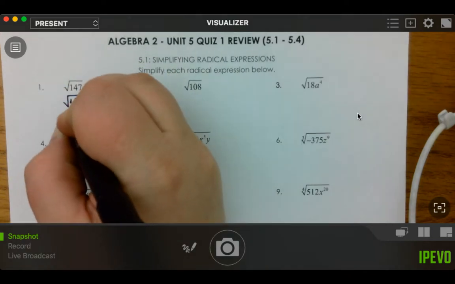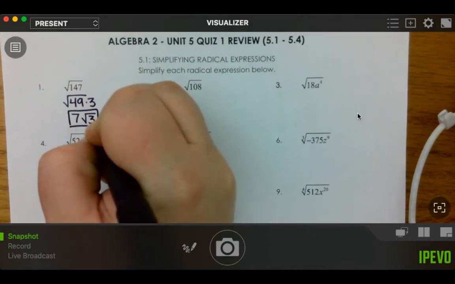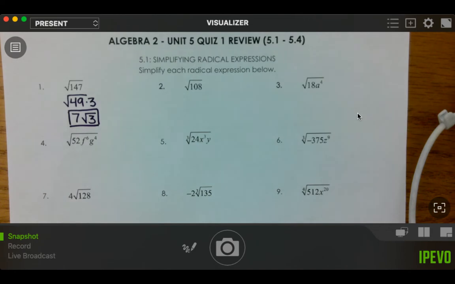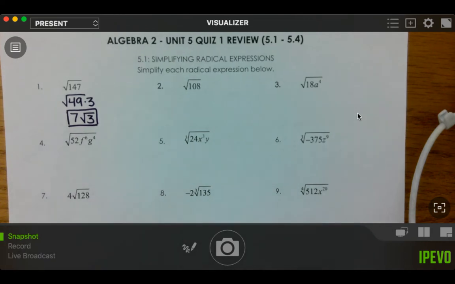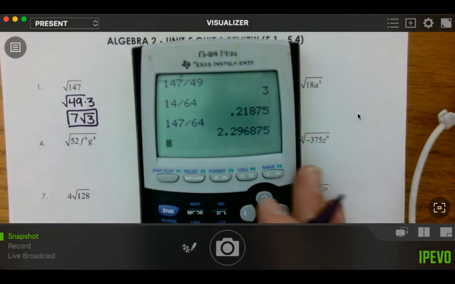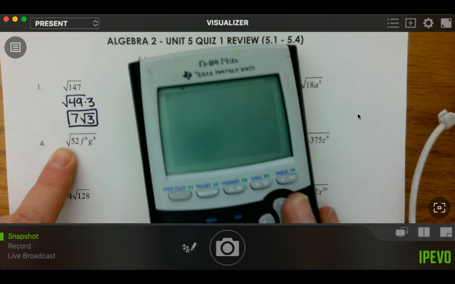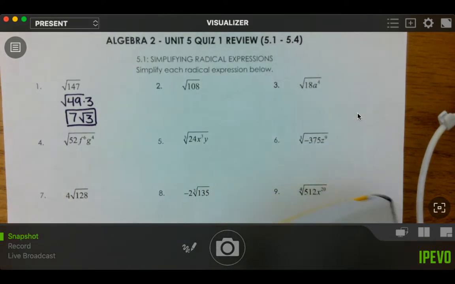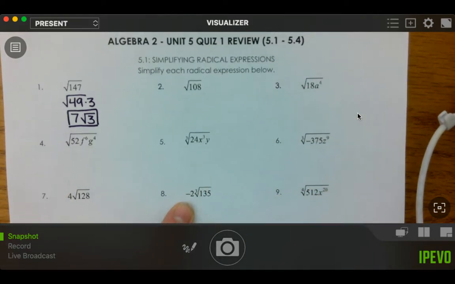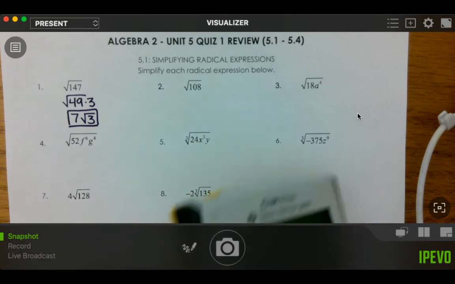If there are exponents involved, so like this one down below, you want to deal with the 52 the same way that I did the 147. So since it's a square root, you need a perfect square that goes into it. I will also skip over to a cube root on this bottom row and tell you what to do if it is a cube root.